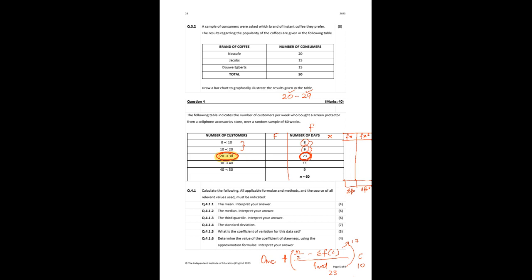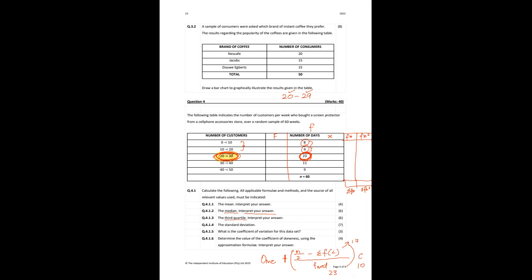Okay, so that was your median. And then, as I said, it's interpreted in the same way that we discussed just now under your ungrouped data. So interpret it the same way. It's just obviously different values going into your calculations. Then you have your third quartile. And this follows the same steps that your median did.